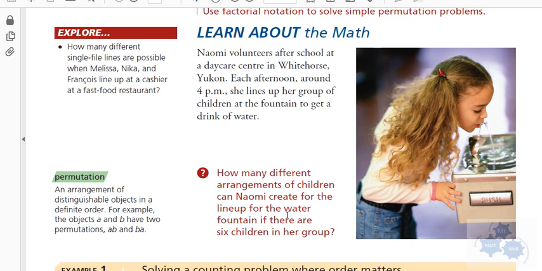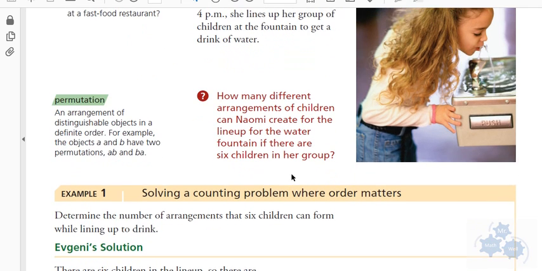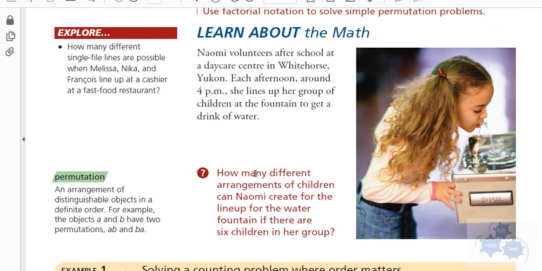If we were taking a look at the fundamental counting principle, we could solve that pretty easily, and we will in a second. But what I want to get at here is that the number of different arrangements is really what we call a permutation. So one of the options for the lineup is called a permutation.